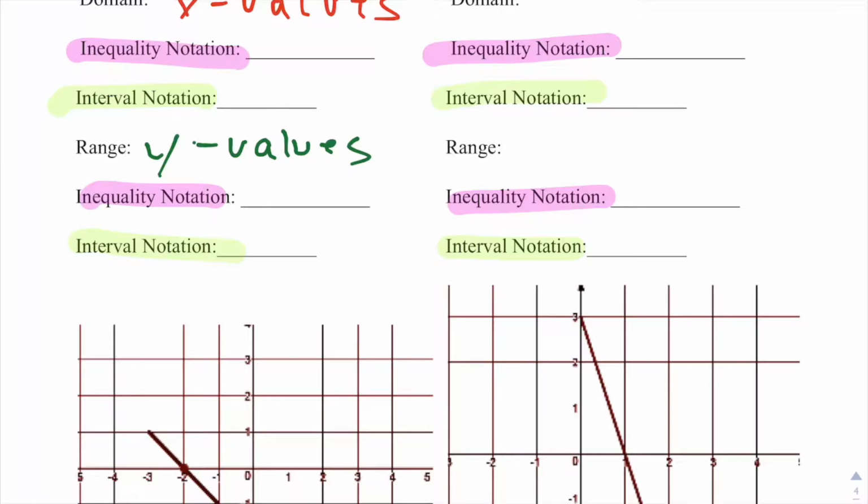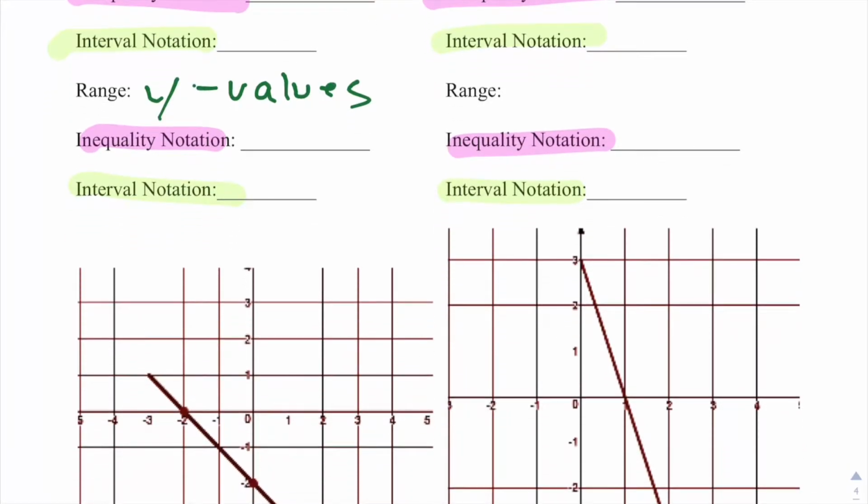Let's talk about the x values of this line segment down here. Remember, our x values are on the x-axis, and this line touches x values from where the line starts to where the line ends. This line touches from -3 to +1 of the x values.